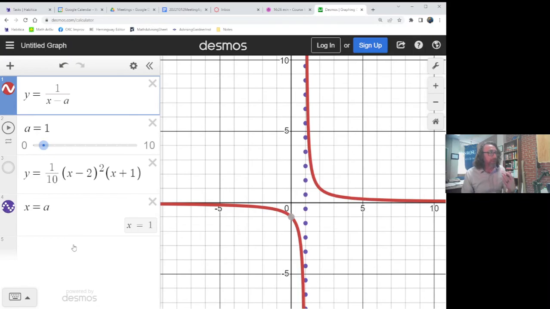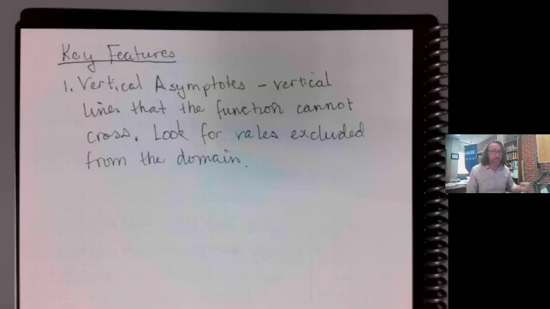We have a vertical asymptote at x equals 1. Rational functions also tend to have horizontal asymptotes.